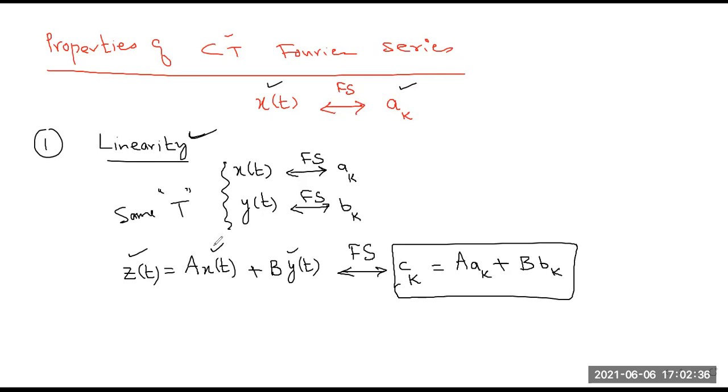The Fourier coefficients obey the linearity property. If a given signal z of t is a linear combination of any number of signals, accordingly, its Fourier coefficients will also be the linear combination of the corresponding Fourier coefficients of the signals that are used in the linear combination.